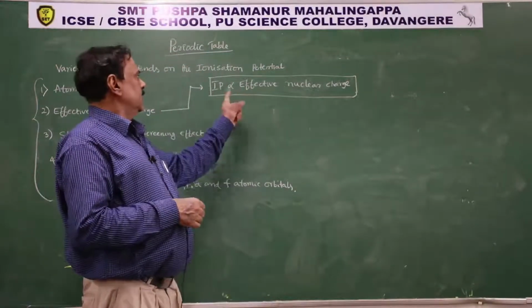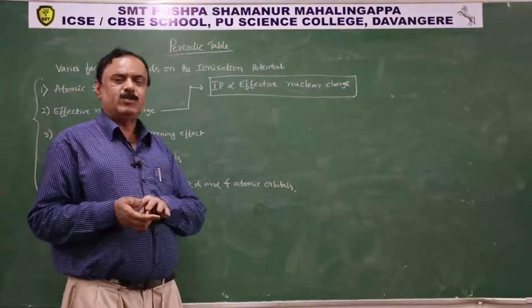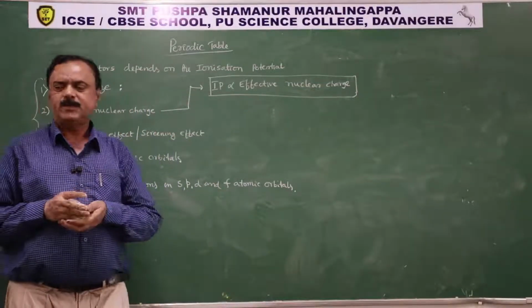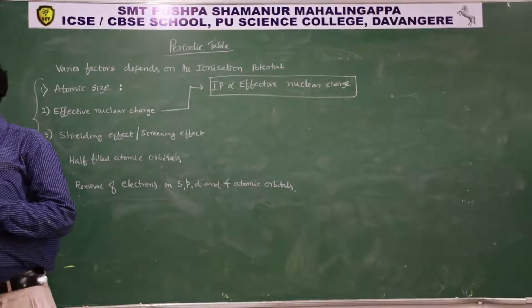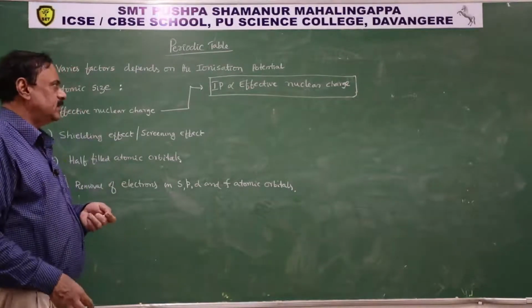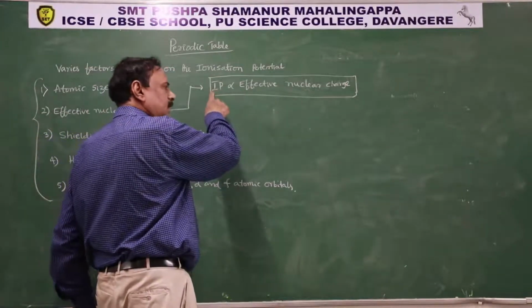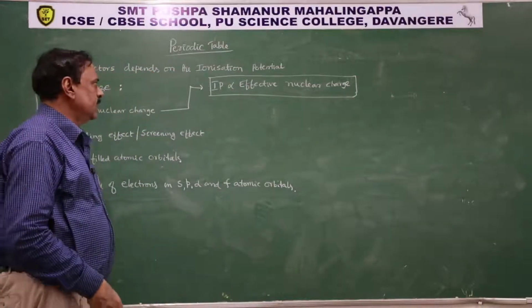Therefore, IP value is directly proportional to the effective nuclear charge. Smaller is the value of the ionization potential, the effective nuclear charge is very small.